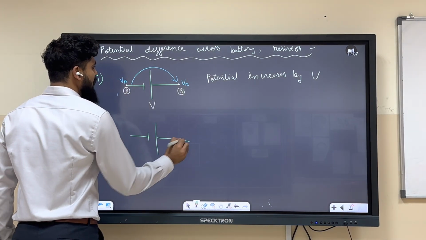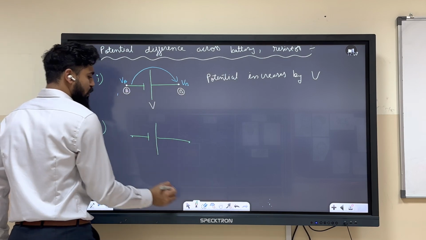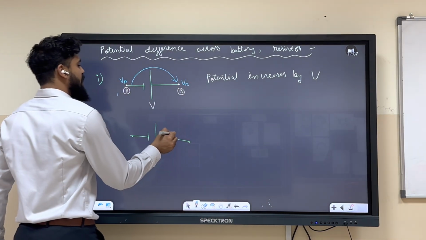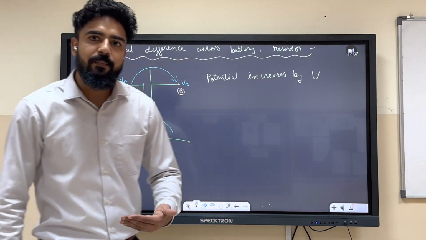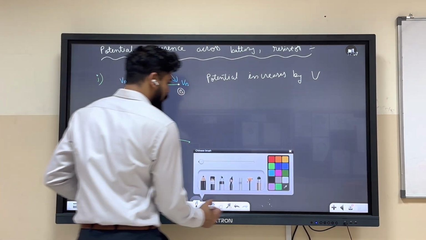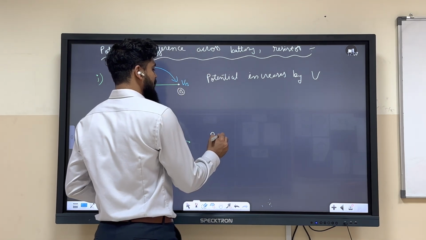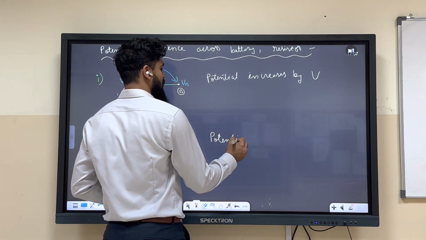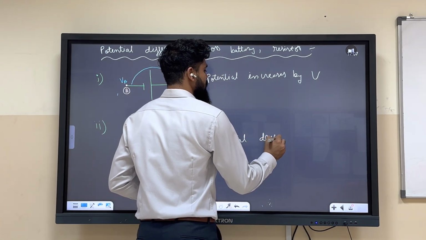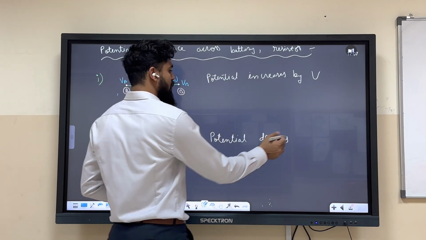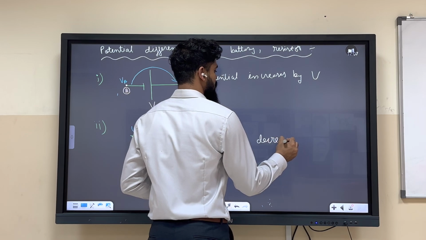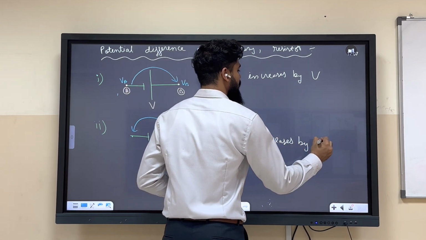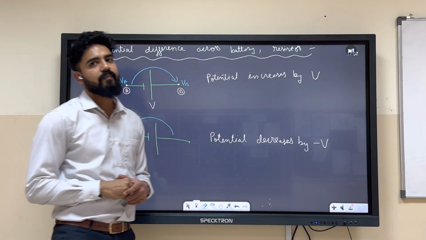Okay? In second point, if we are doing the reverse thing, let's say we are moving over here. We are moving in this fashion. We are going from higher potential to lower potential. So obviously over here can we say potential decreases, potential decreases by negative V. Okay?